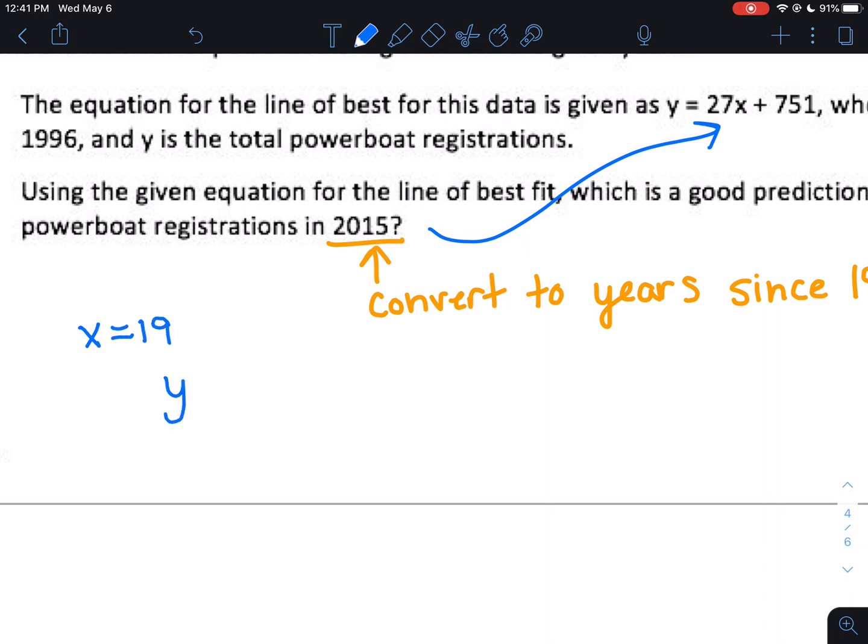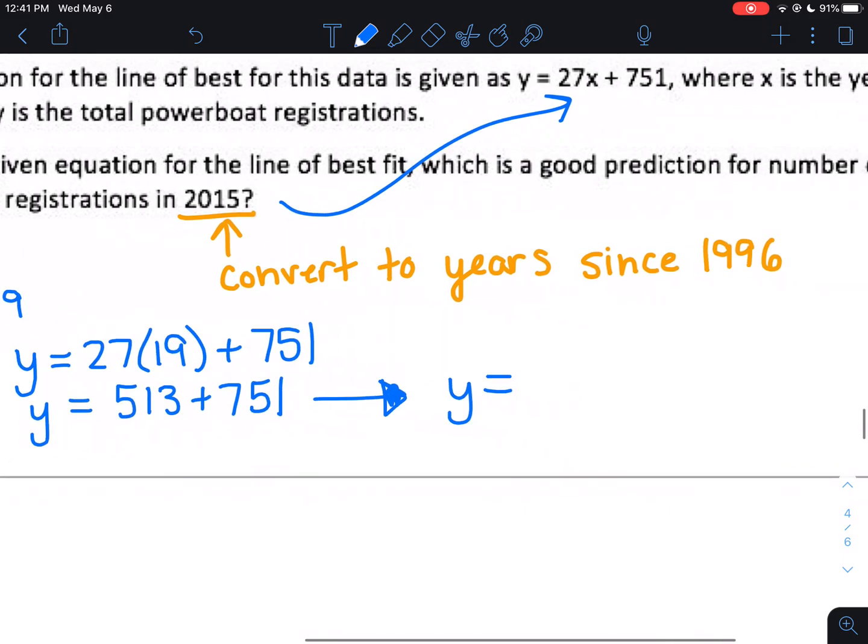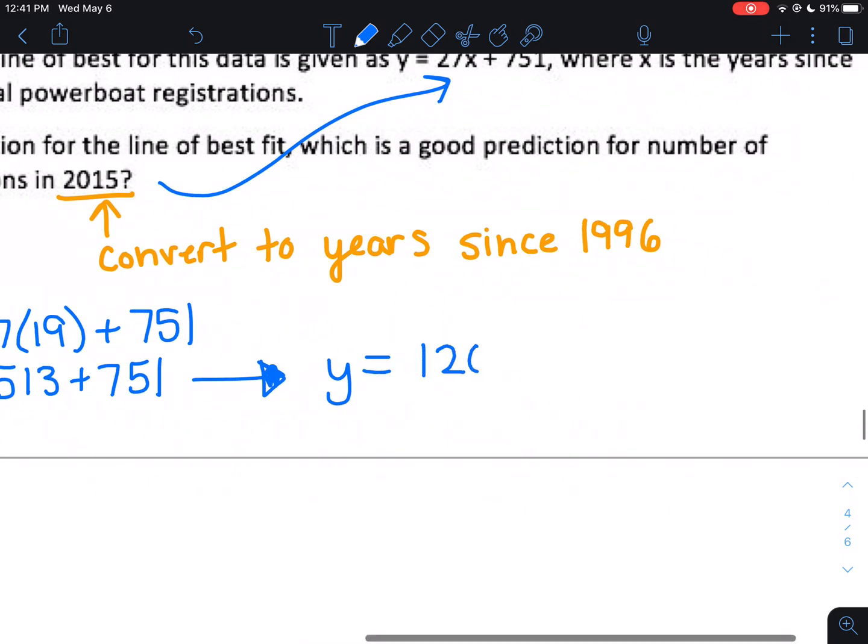So we've got y equals 27 times 19 plus 751. 27 times 19 is 513. I'm going to go this way because I'm running out of room. So it's going to be 1,264.